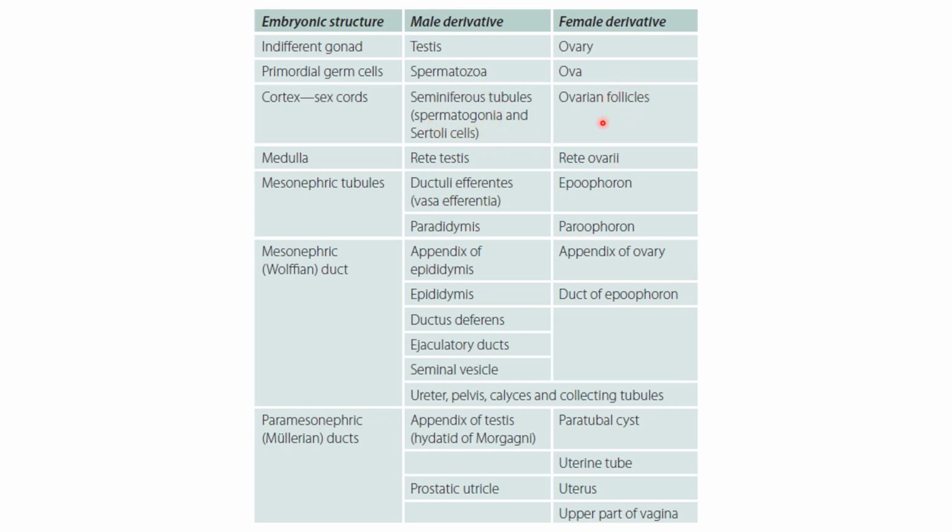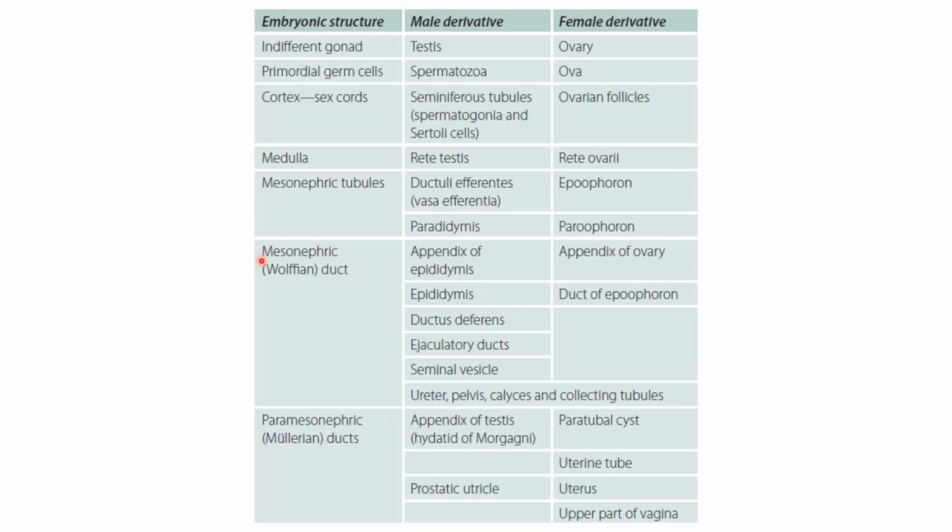In the female, they will get separated and form the ovarian follicles around the germ cells. When you consider the medulla, the seminiferous tubules in the male will be arranged into the rete testis, and in the female, that is the rete ovarii, but that is not that prominent. The mesonephric excretory tubules become the vasa efferentia and paradidymis, but in the female they correspond to the epoophoron and paroophoron.